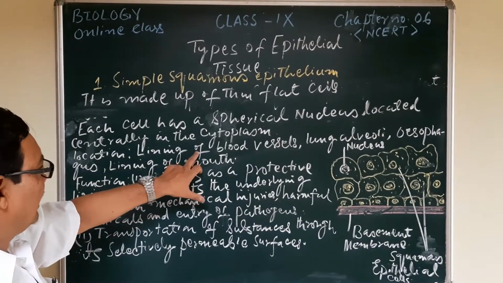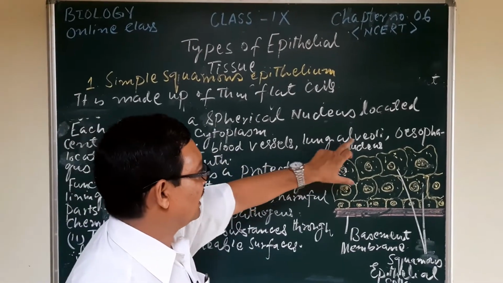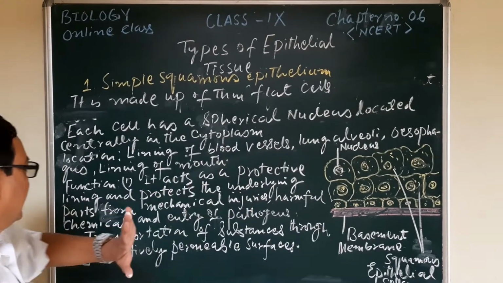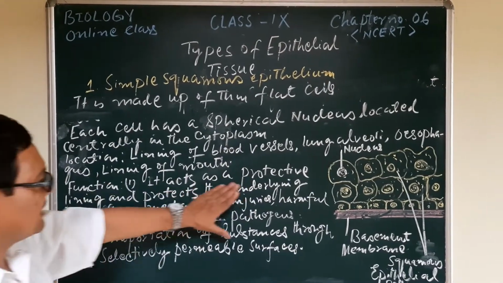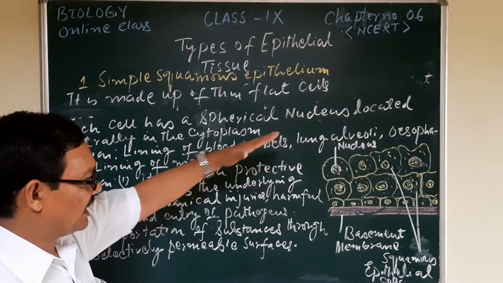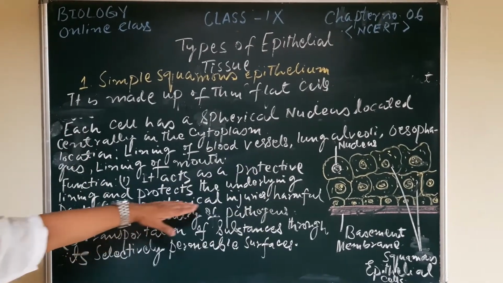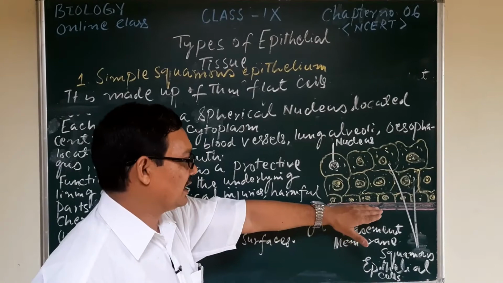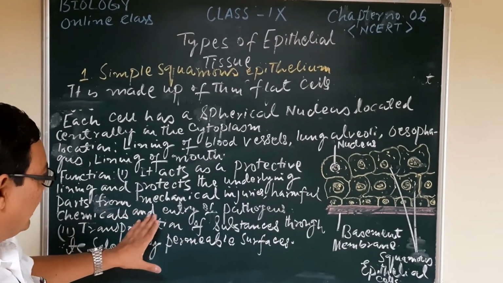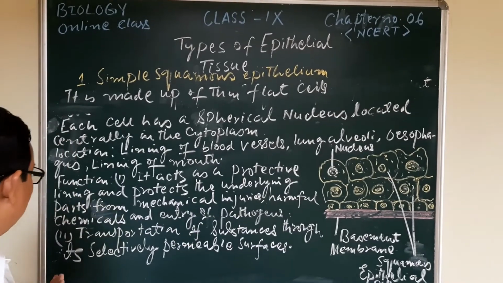Location: the lining of blood vessels, lung alveoli, esophagus, lining of the mouth, etc. Function: it acts as a protective lining and protects the underlying parts from mechanical injuries, harmful chemicals and entry of pathogens.